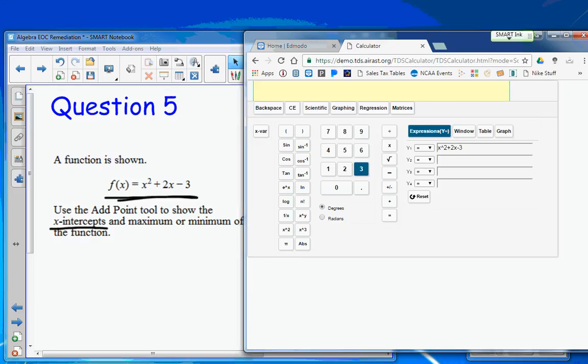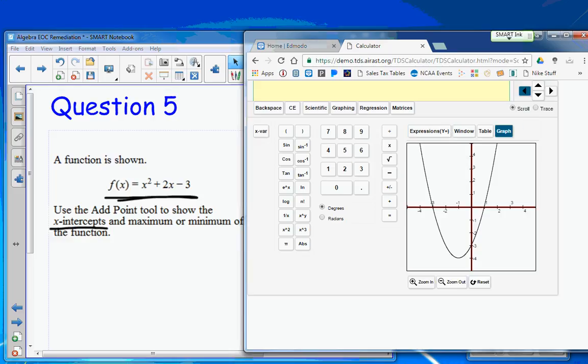So I just put my function into the calculator, and now I want to see the graph so that I can put the same graph points onto my answer key. So go over here and click on graph. Right now it's just showing me the picture of the graph.